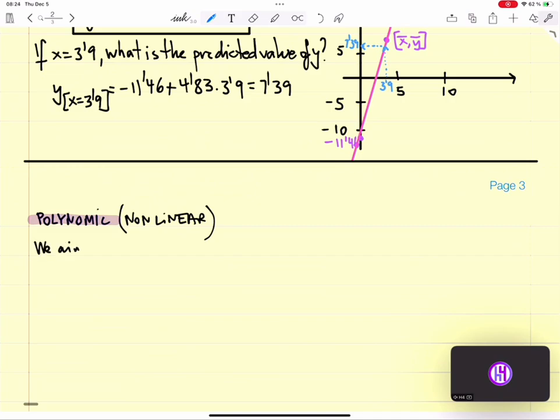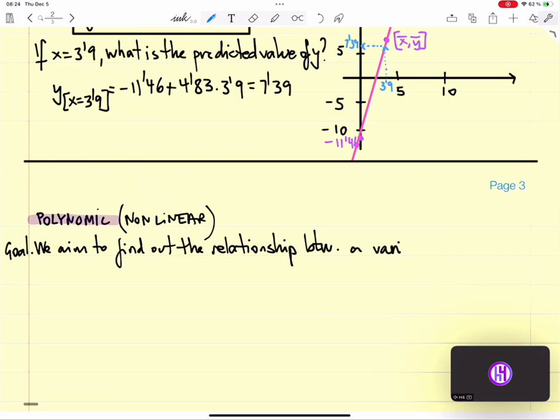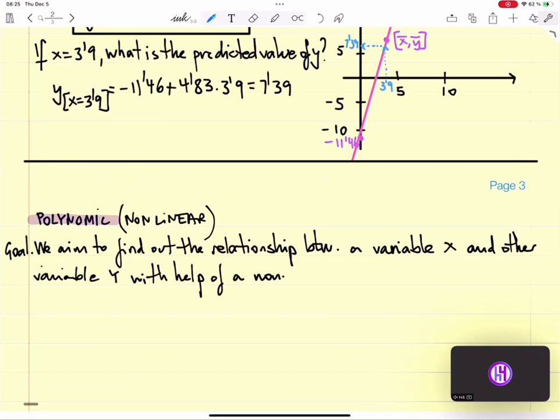Our goal is we aim to find out the relationship between a variable x and another variable y with the help of a nonlinear regression.